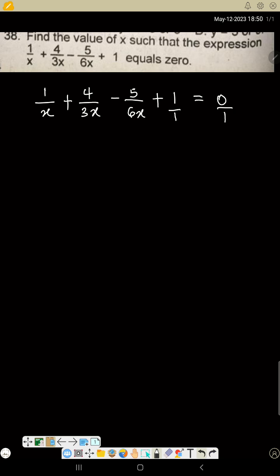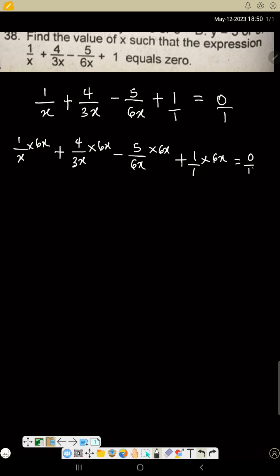Now multiply everything. This 0 too is over 1. Multiply each term by 6s, equals 0 over 1 times 6s.